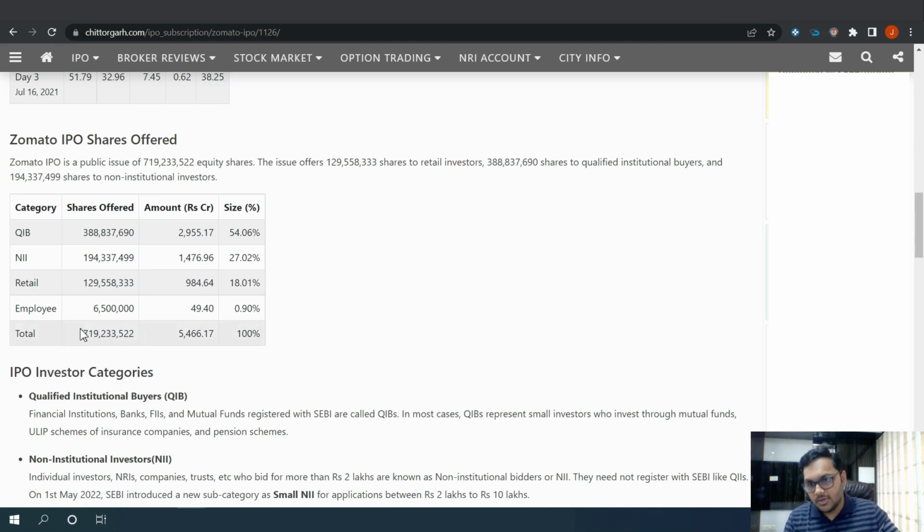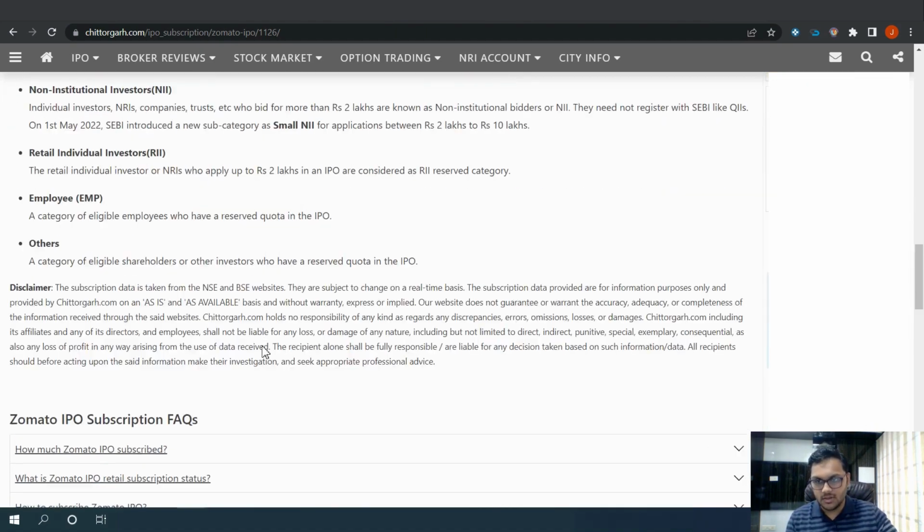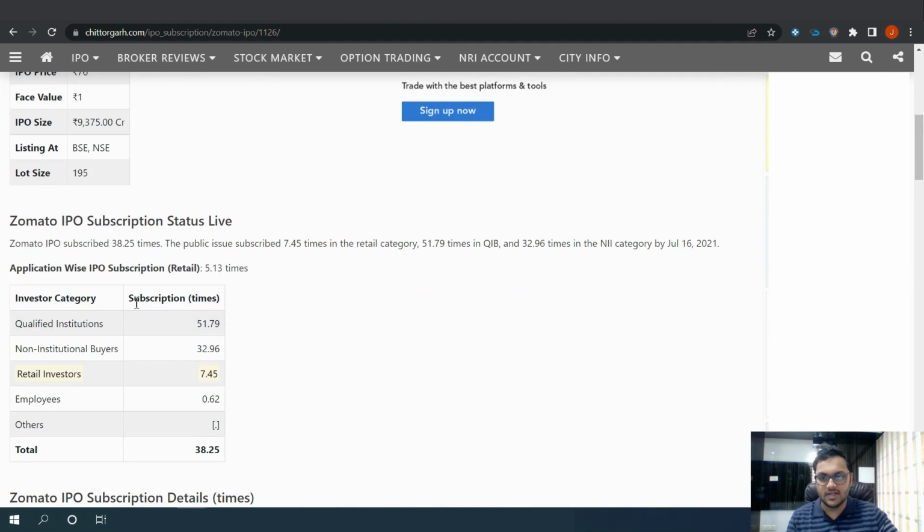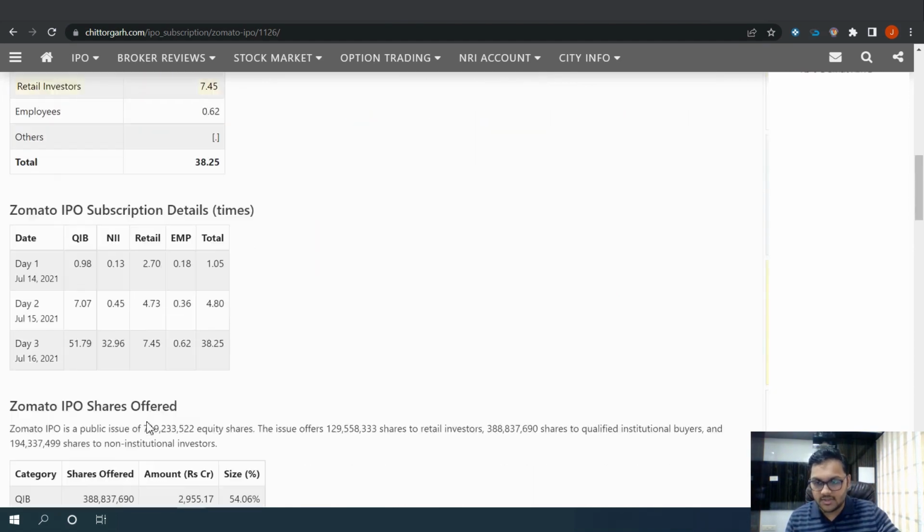Here you can see the total number of shares which they are offering is close to 72 crores. Now just see over here, you can see subscription times. Subscription number of times means how many times people have bid. Let's just see for the retail investors.